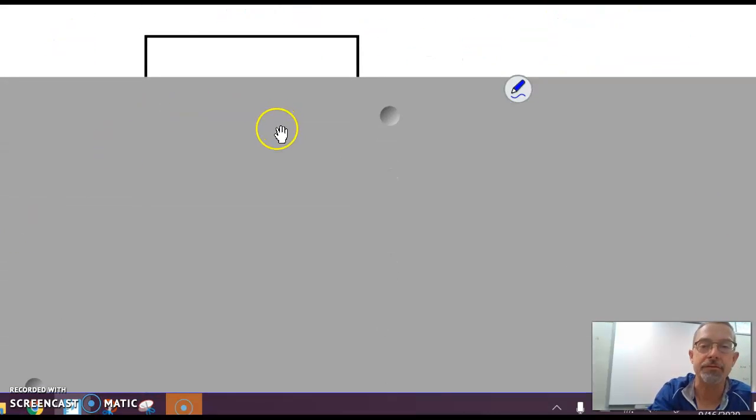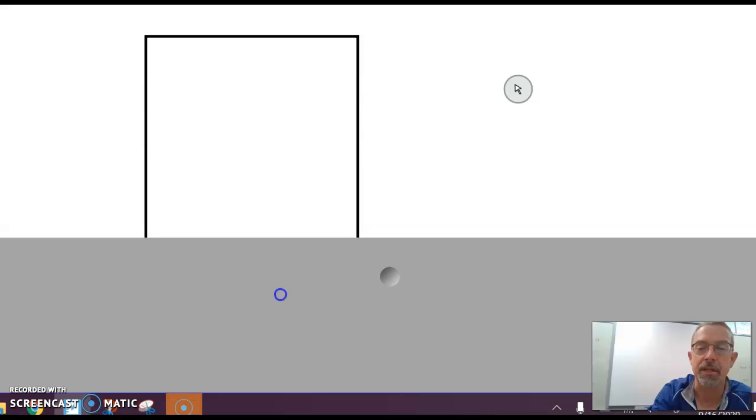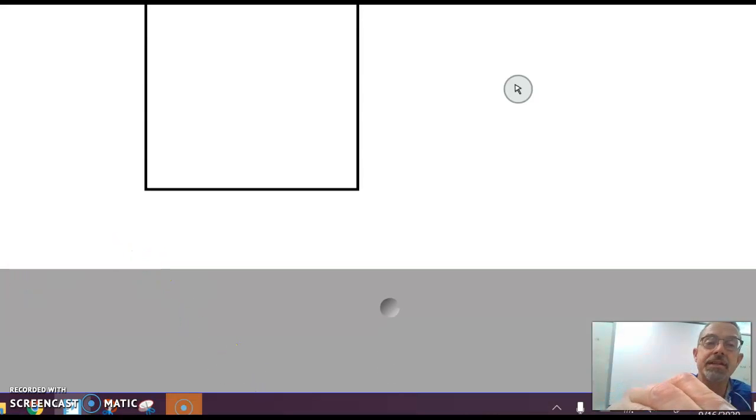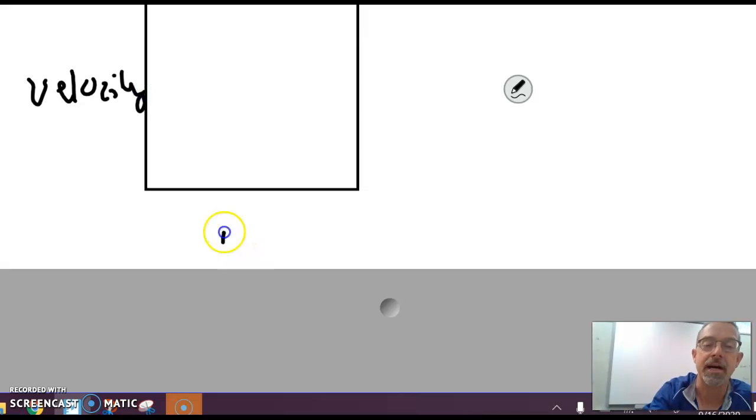So those first two graphs were what we'd call displacement versus time graphs. But I could graph velocity versus time. So I'm going to put velocity on this axis and time on this axis. And I'm going to draw some more lines here.